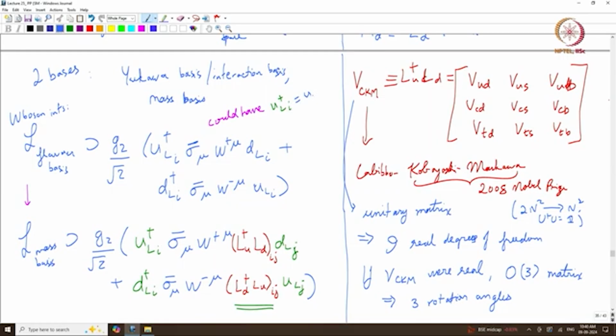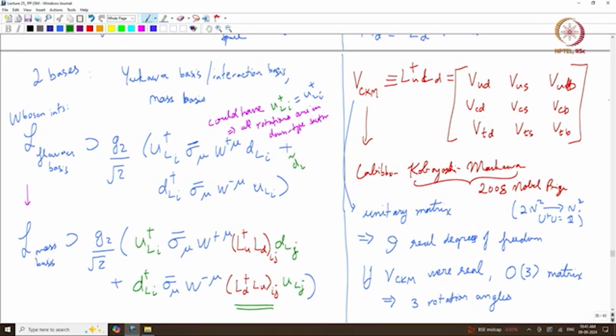Notice the green is mass basis, the blue is flavor basis or interaction basis. I could have just said these two are equal. Then what would have happened? That means all the flavor space rotations are in the down type quarks, down type sector if you want. In other words, I could have just defined the CKM matrix as going from the DL.